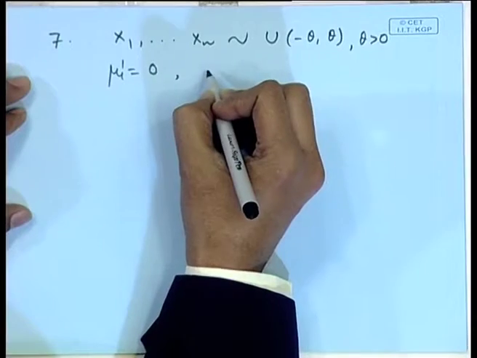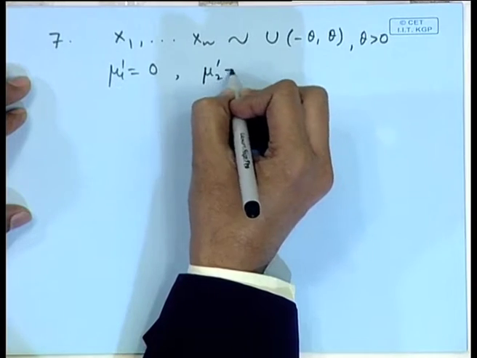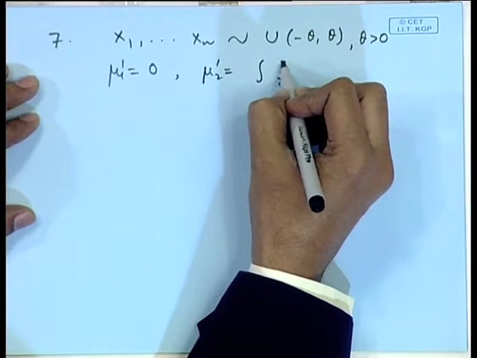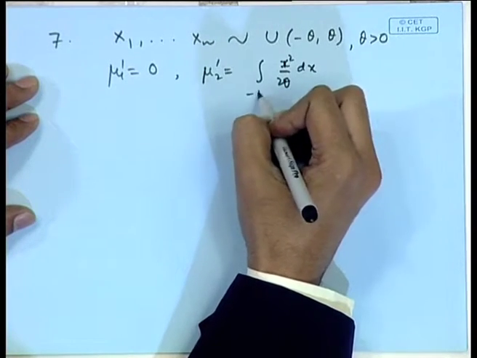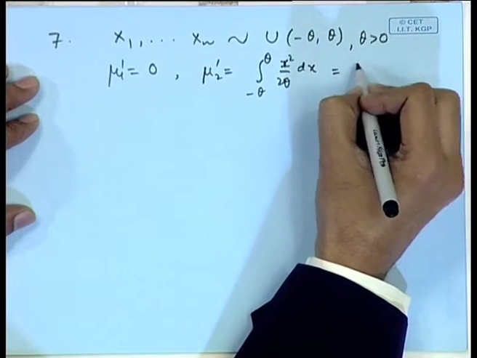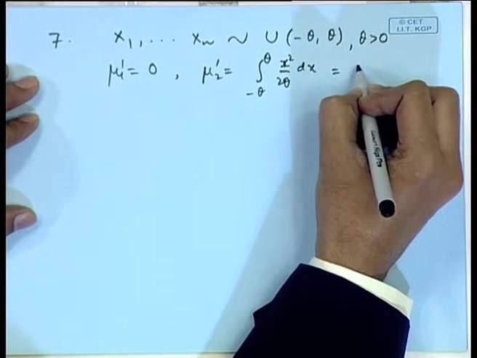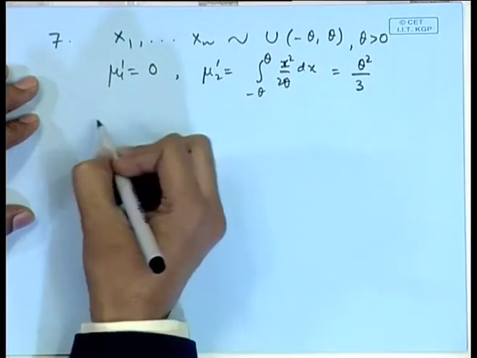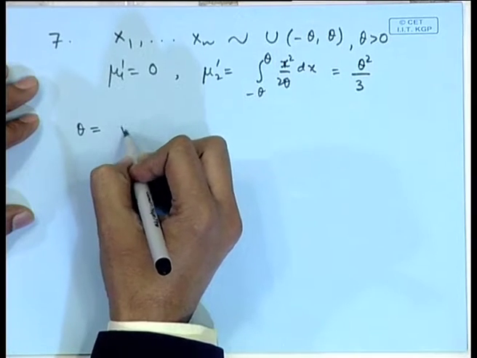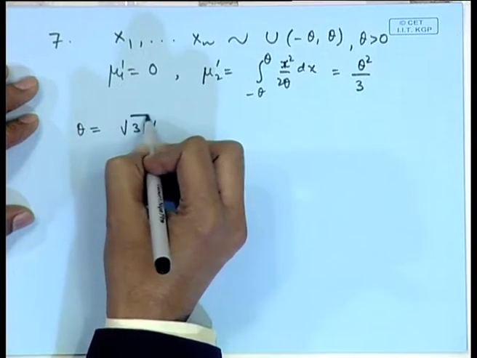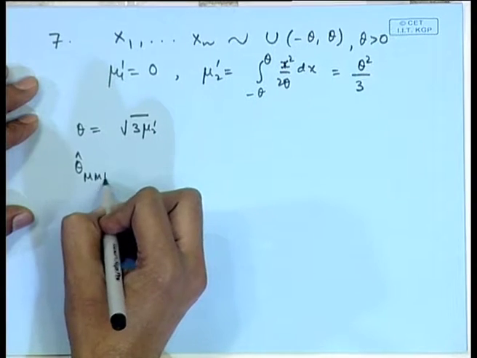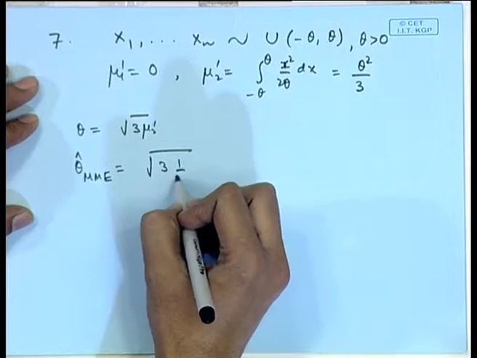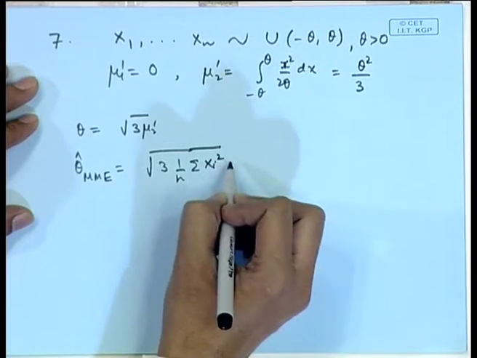However, some practical solutions can be given. We may look at mu 2 prime, that means the second moment, that is 1 by 2 theta integral of x square dx from minus theta to theta, then it is equal to theta square by 3. So, if we make use of this, then theta is equal to root of 3 mu 2 prime, and we may use the method of moments estimator as root of 3 times 1 by n sigma xi square.